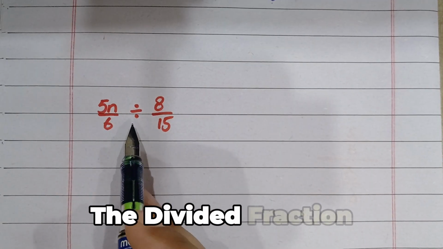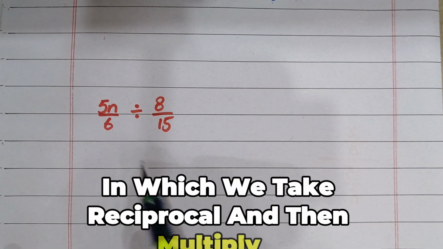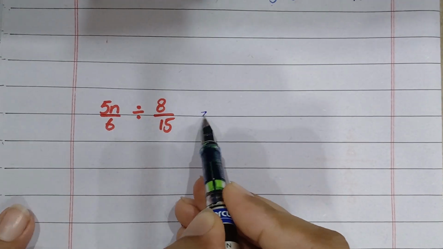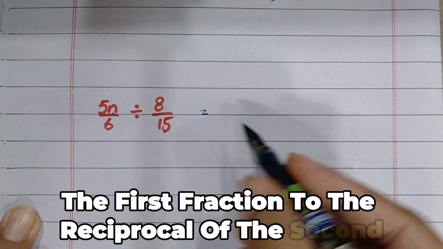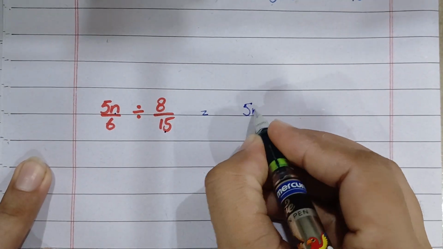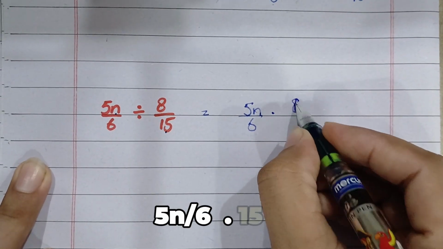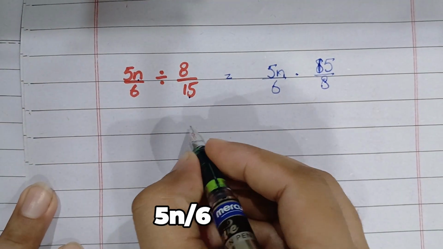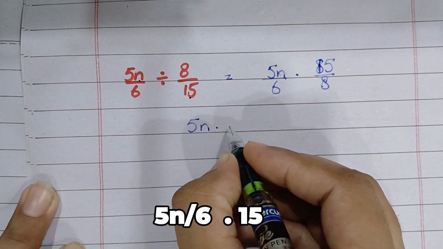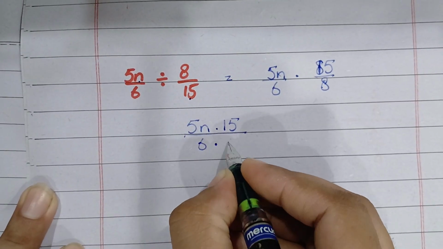Next is related to dividing fractions, in which we take the reciprocal and then multiply, that is, we multiply the first fraction by the reciprocal of the second. 5/6 multiply 15/8. Now multiply 5 and 15, 6 multiply 8.